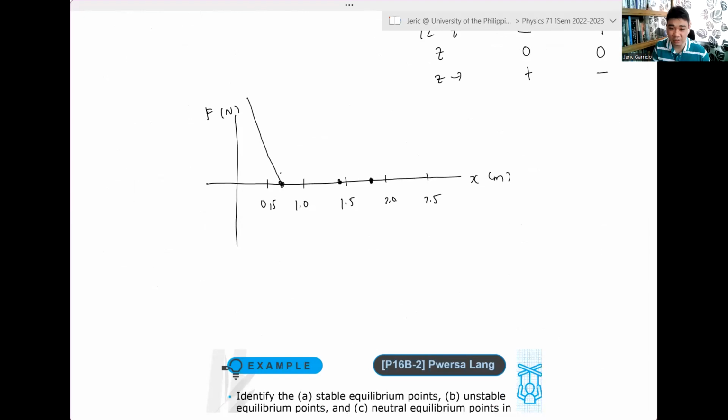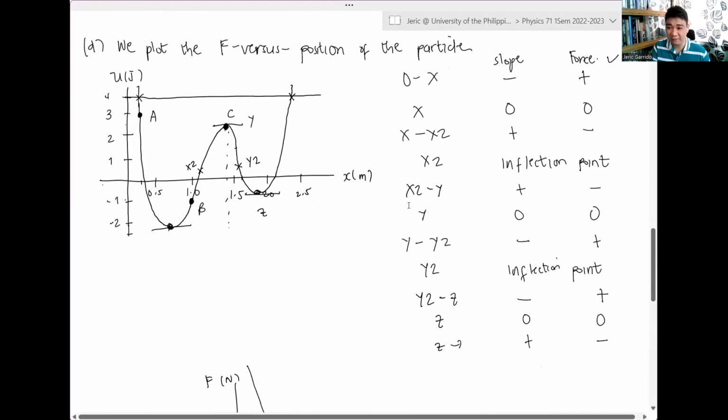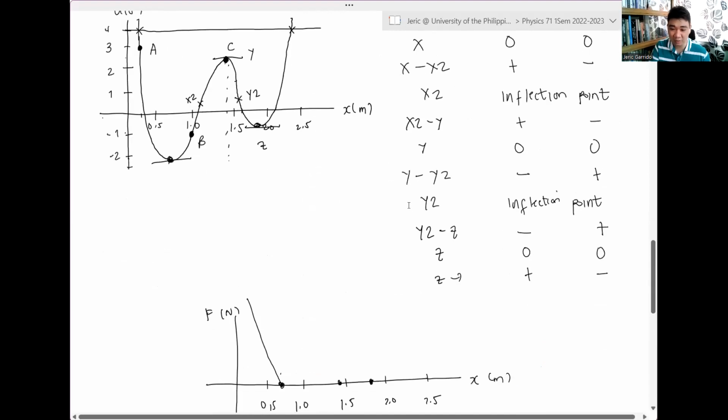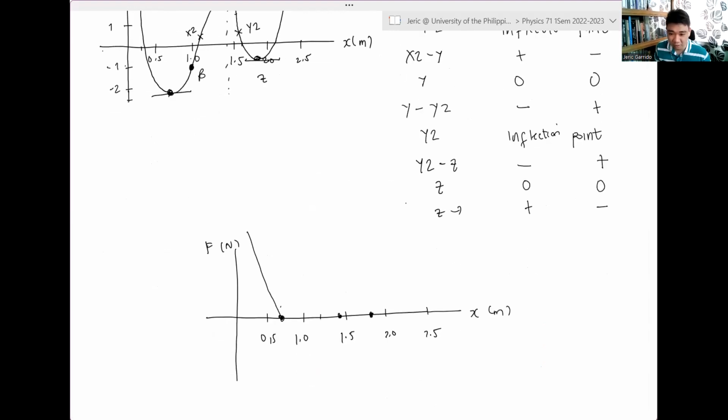So mag-intersect to ngayon. It will intersect here until it reaches the first inflection point. So dito, you get the lowest point. Then after going to the lowest point, mag-change siya ng direction.